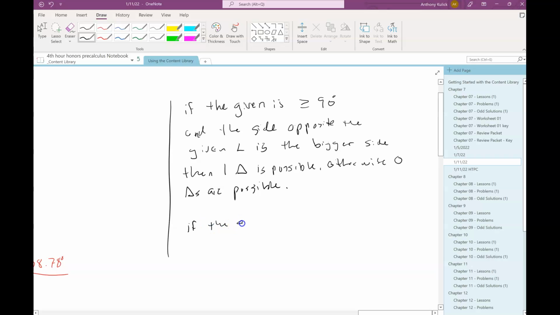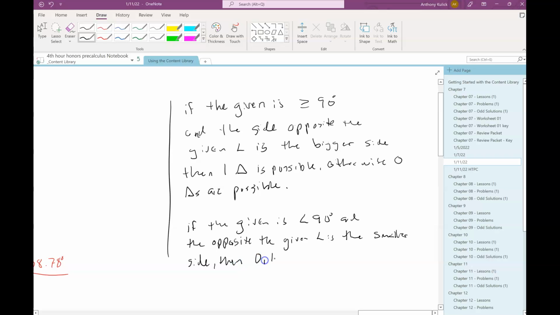The other situation is if that given angle is acute and the side opposite, opposite is spelled that way, the given angle is the bigger, we're going to say the smaller side.